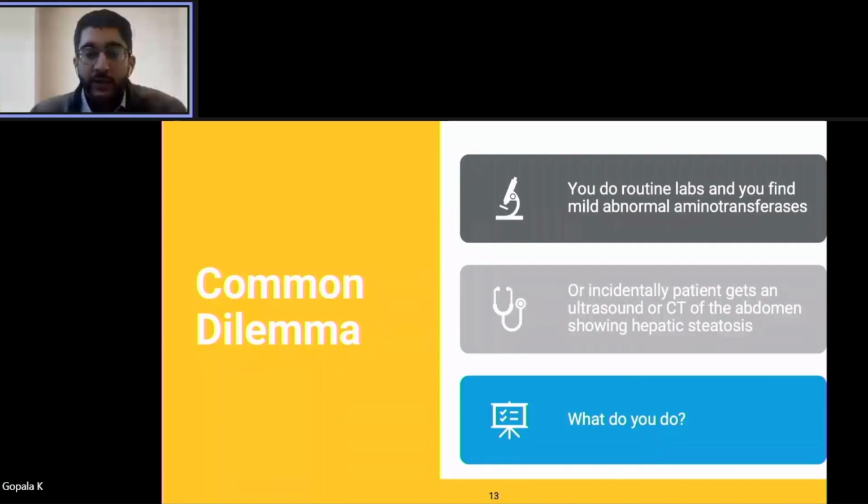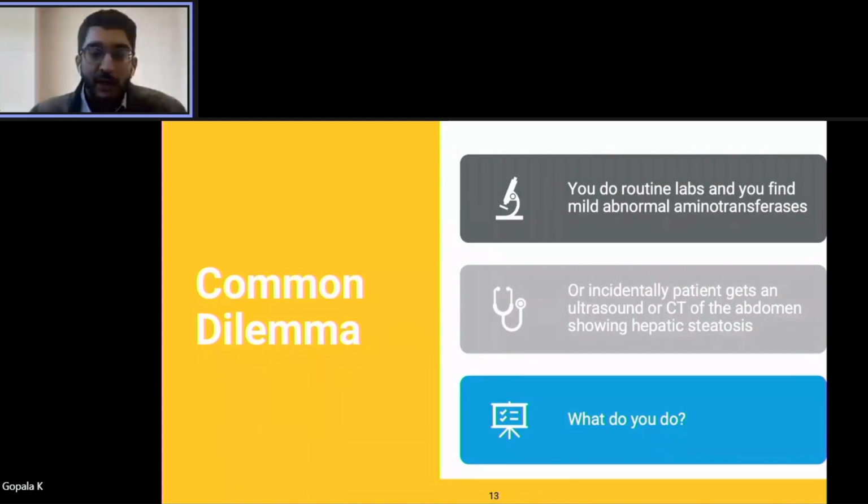So this is a common dilemma that primary care physicians have mentioned to me. You do routine labs and you find some mild aminotransferase elevation, usually ALT a little bit higher than AST, up to 2 to 3 times the upper limit of normal, which is 35. So it can be anywhere up to 100, 150.